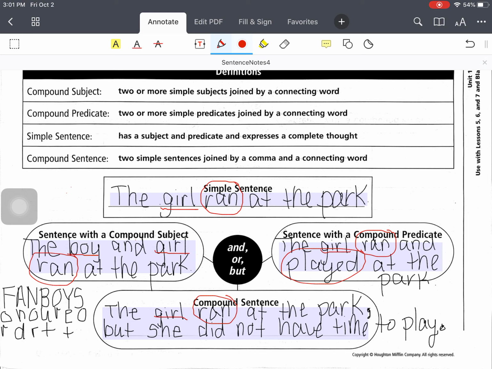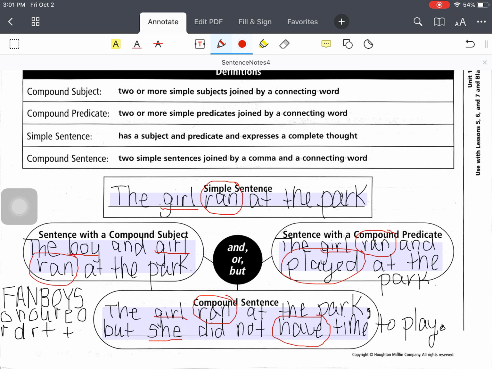And then I need to make sure that in my second sentence, I also have a subject and a predicate. So my second sentence is, she did not have time to play. So my subject is she, and then my verb is actually have, because that's what she did.